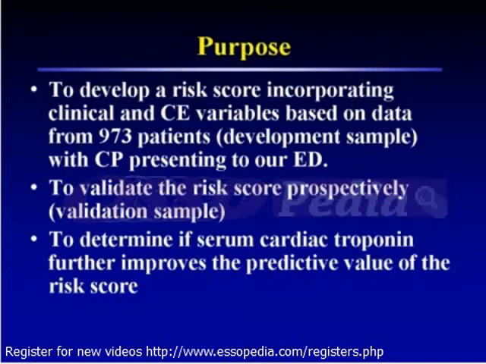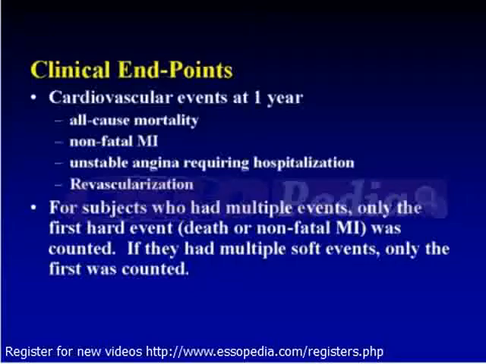Finally, we wanted to determine if serum cardiac troponin further improved the predictive value of our risk score. The clinical endpoints of our study were cardiovascular events at 1 year, which included all-cause mortality, non-fatal myocardial infarction, unstable angina requiring hospitalization, and revascularization.